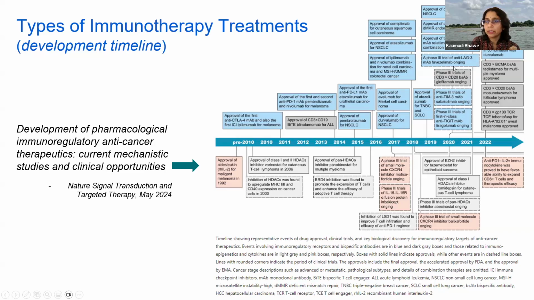Those are in the dashed lines, okay? The lines with the rounded corners indicate the period of clinical trials. So you can see here in 2017, there was this phase 3 trial of small molecule CXCR4 inhibitor called motixafortide, which is ongoing as of the publication of this paper.